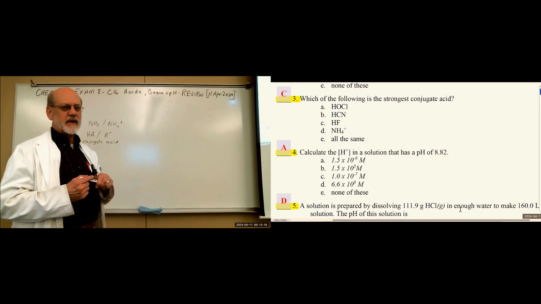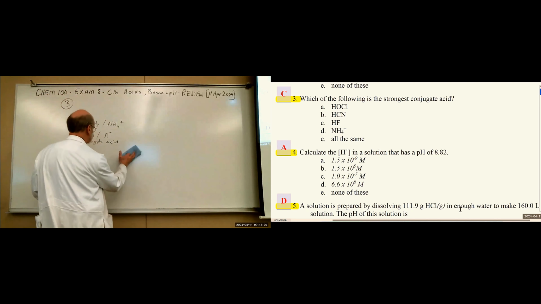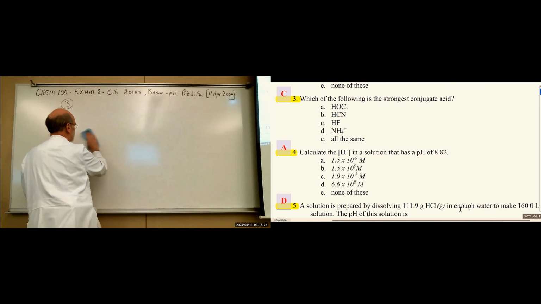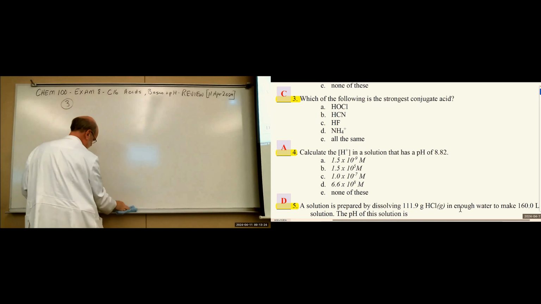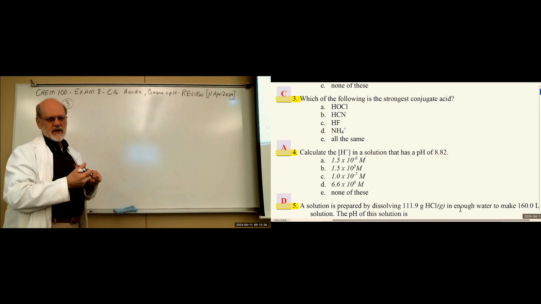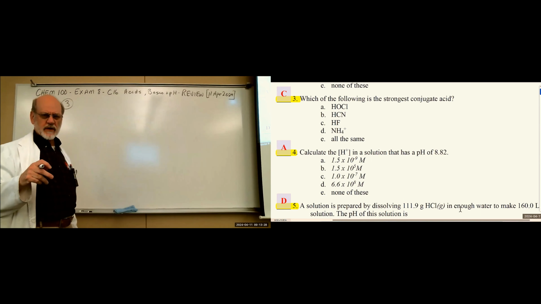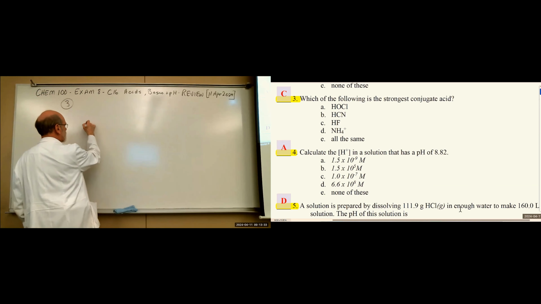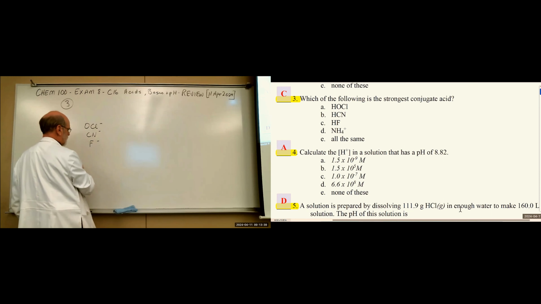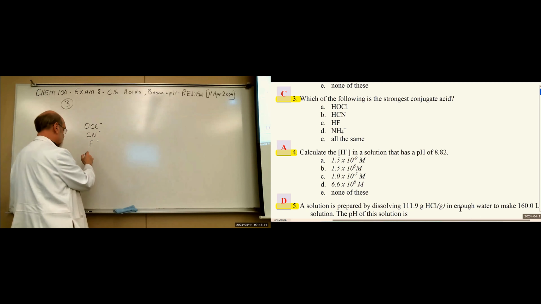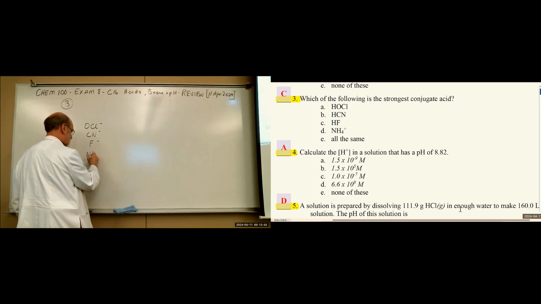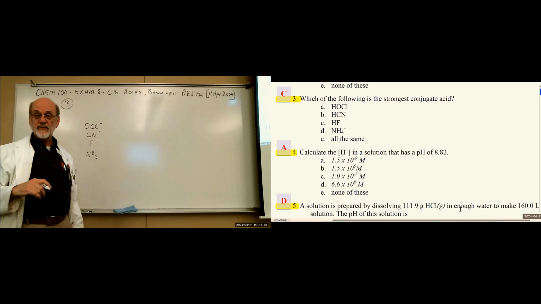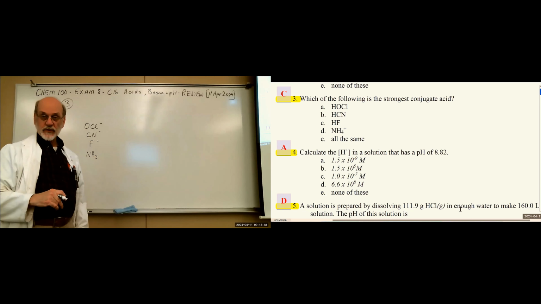So the question here becomes, the strongest conjugate acid requires the weakest base. So we would be looking at this one, this one, this one, and this one. Those would be the bases that would produce a conjugate acid.